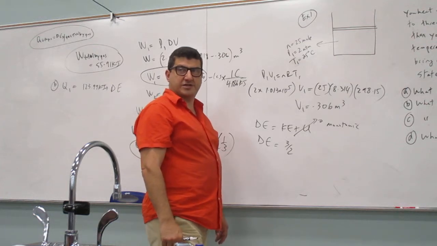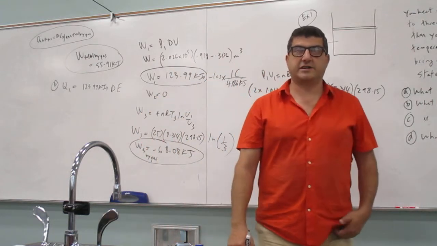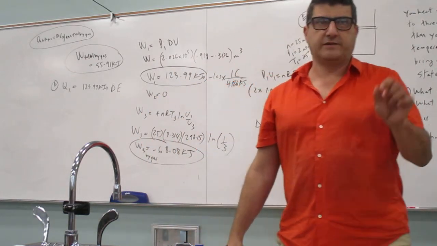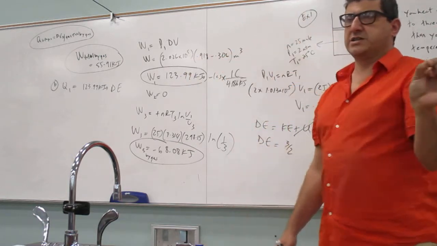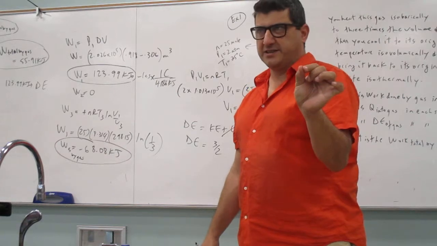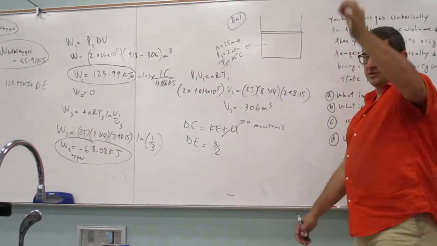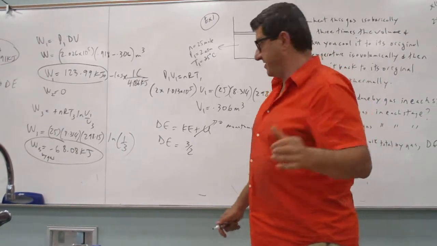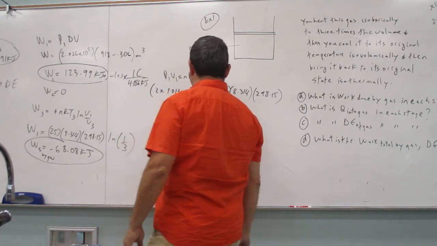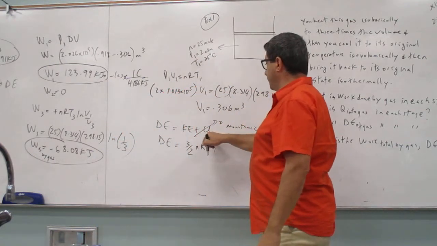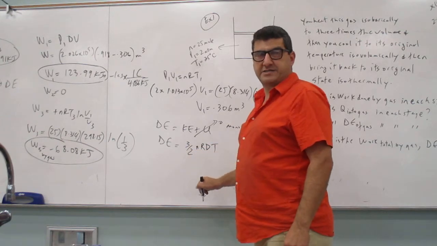You have half nRT for each degree of freedom, so then you have 3 halves nRT for 3 degrees of freedom. If you're moving this way, your kinetic energy yields half RT. If you can move in 2 dimensions, it's 2 halves RT, and then 3 dimensions is 3 halves nRT. So 3 halves nR delta T. Now if you introduce potential energy, then that's going to be 5 halves nRT for diatomic gas.